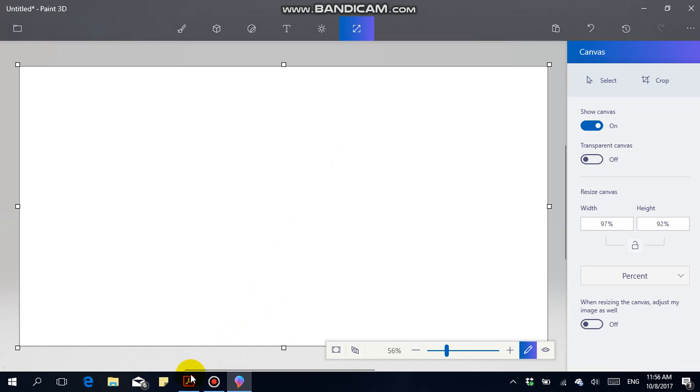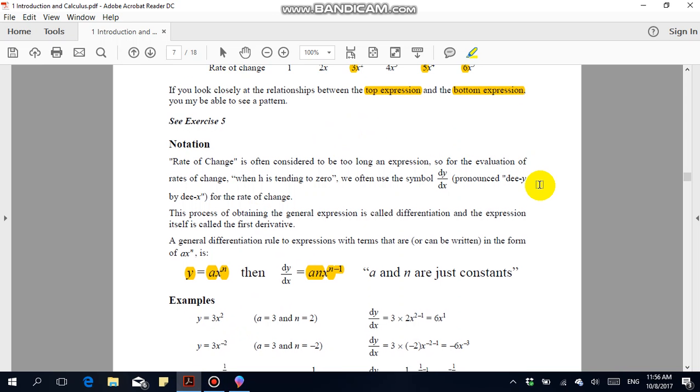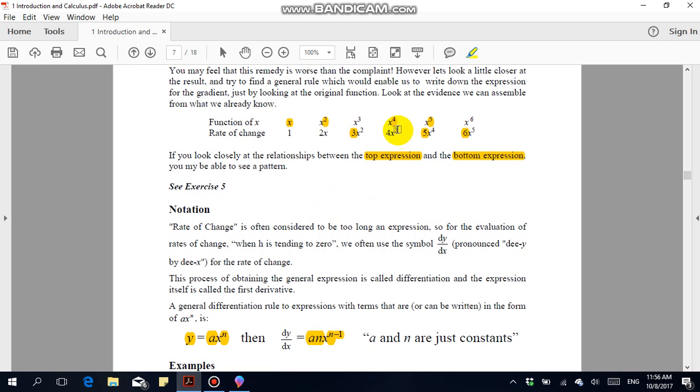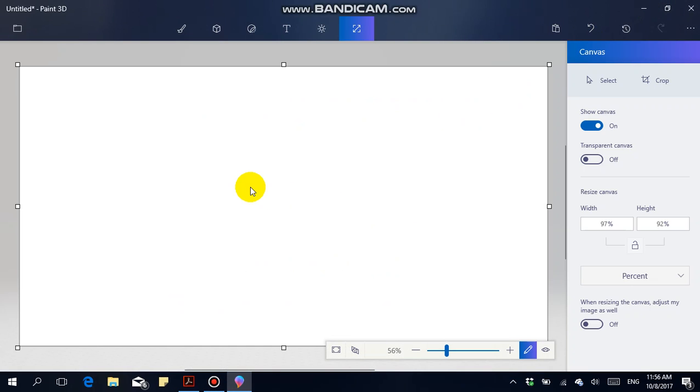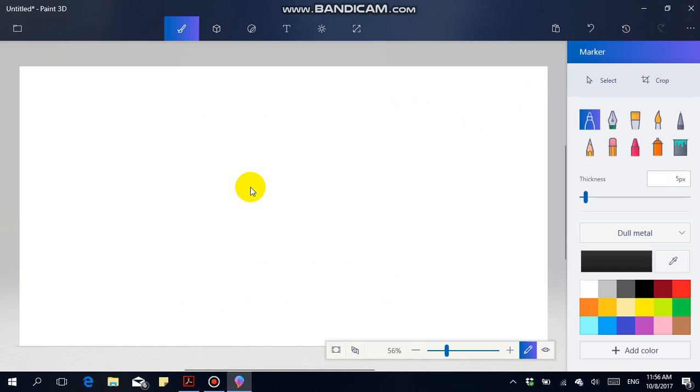So basically, by way of the statement, he's trying to tell you that there exists a trend in the rate of change of x and the powers of x, and I'll show you how we express this trend algebraically. For example, your equation is y is equal to x raised to the power 1.